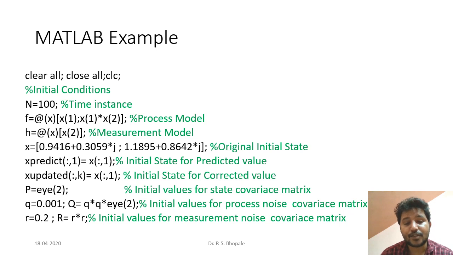For the process noise, small q is the process noise variance, and capital Q matrix is the process noise covariance matrix. Again, R is 10-20% of the mean noise. That's why 0.2 is taken, and capital R is again the covariance matrix of this.